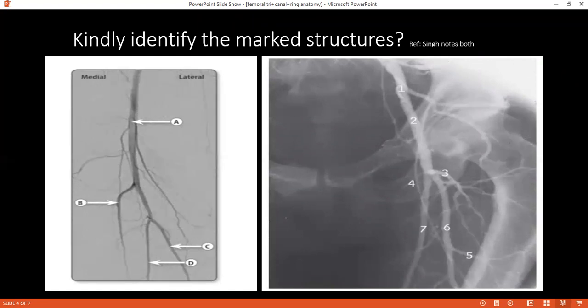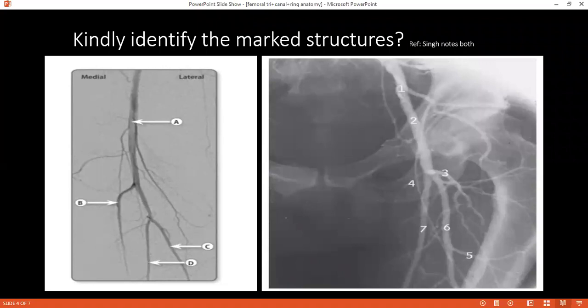And the Trendelenburg test is done for the superior gluteal nerve, which supplies the gluteus medius muscle. It is tested by asking the patient to walk, and if we see the hip sags down on the contralateral side, the healthy side.